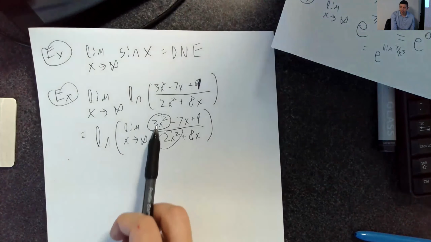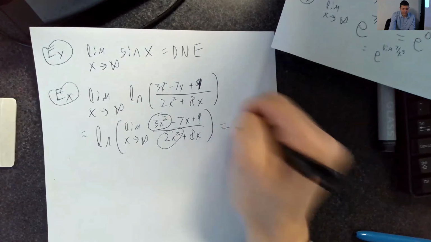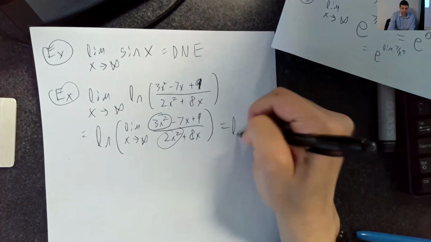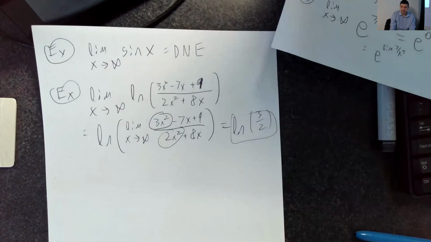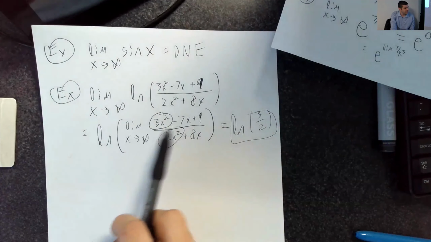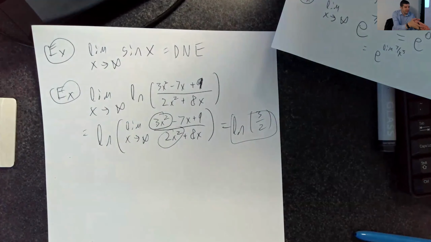What would I be left with? 3x squared over 2x squared is 3 over 2. So my final answer, ln of 3 over 2. Okay. So, do you see what I mean by the composition? The composition of limits lets you put the limit on the inside function. That's the idea.